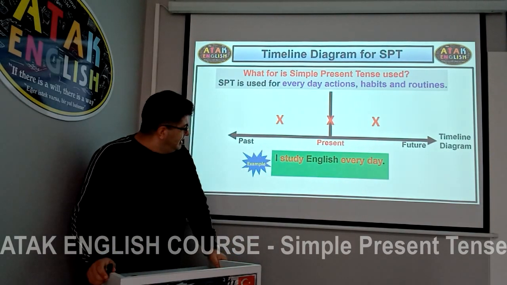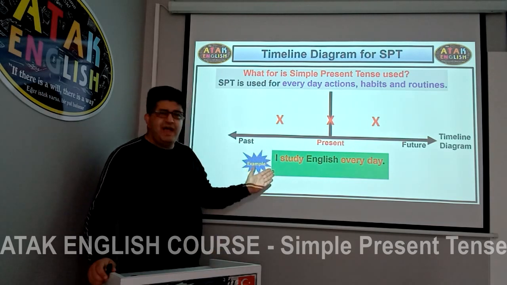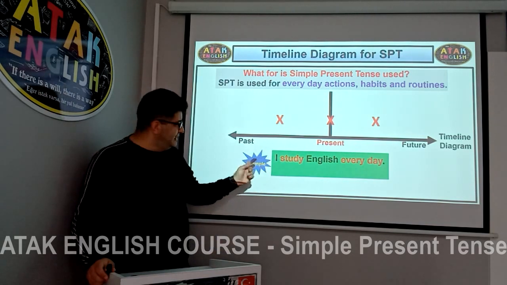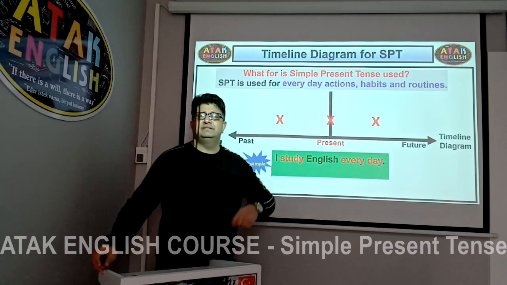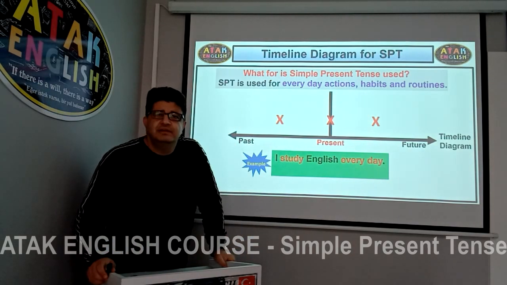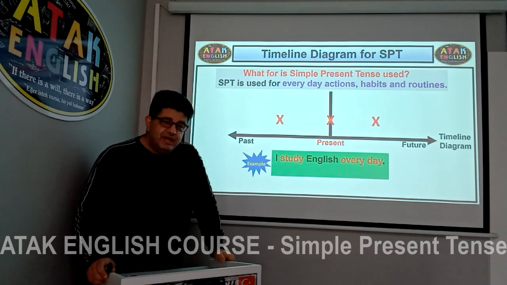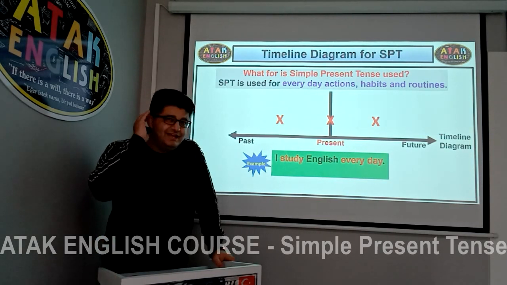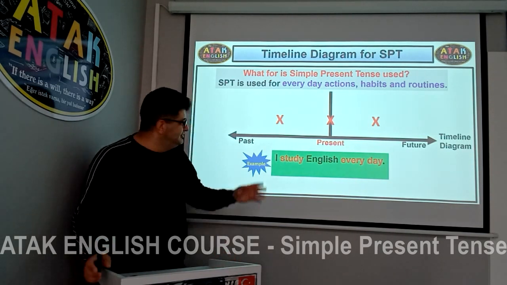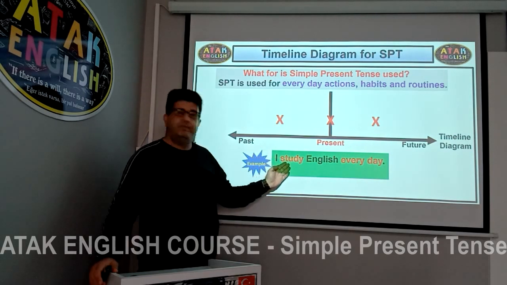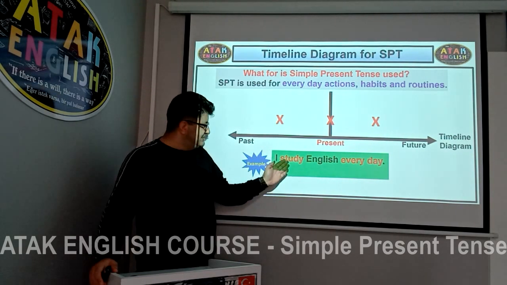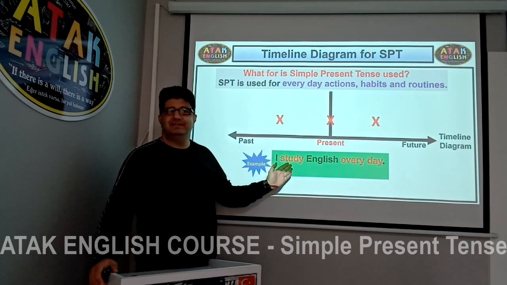Okay, here comes another question. How do I understand that this sentence is made in simple present tense? Okay, I kind of hear you saying that verb 1, right? Study in our sentence.